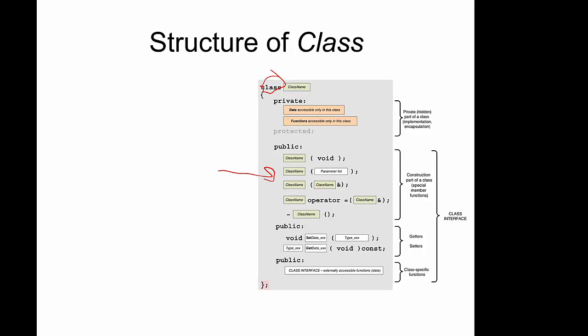Later on, we will learn that there are other differences. For example, when you create objects or variables of a class, there are things you can execute once you create the object, which are usually called constructors, right? So there are functions in the class that get called by default once you create the object.